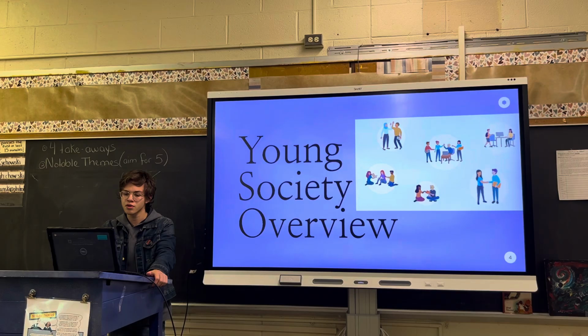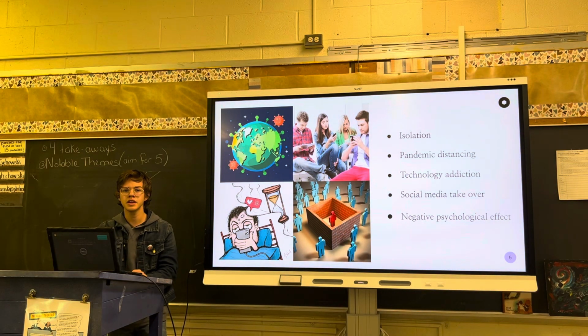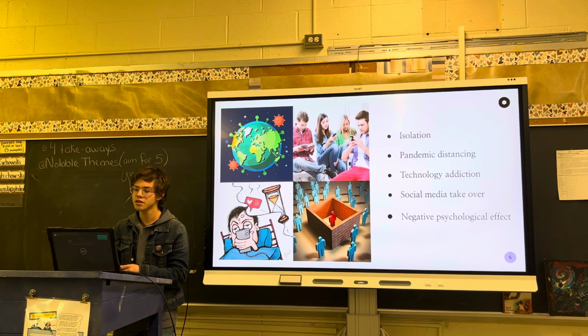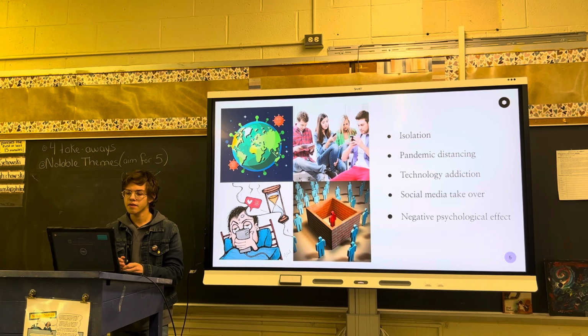So, young society overview. These are the main factors of the causes of peer interaction decay over the years, which include isolation and pandemic distancing. With the COVID-19 pandemic, society decreased in-person, face-to-face interactions, and people basically distanced themselves from each other, staying in their comfort zone.